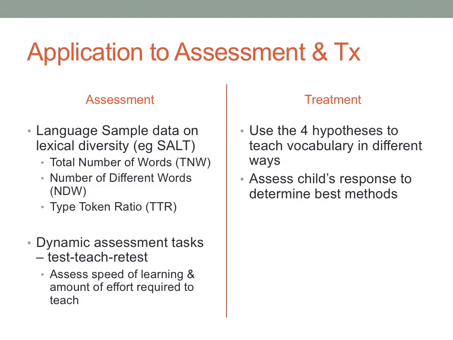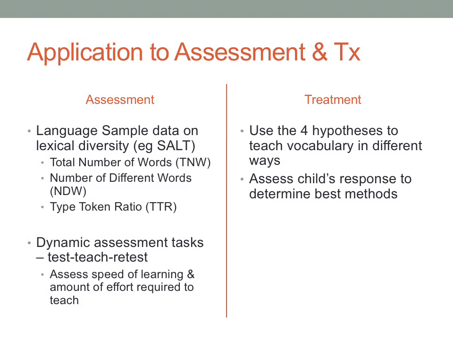Another measure that's used in language sampling is the type token ratio. I'm less a fan of this one, and there's some research showing that type token ratio can underestimate or overestimate a child's word knowledge because it's so affected by the length of the sample.